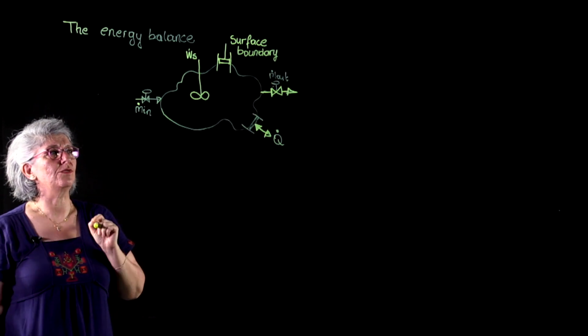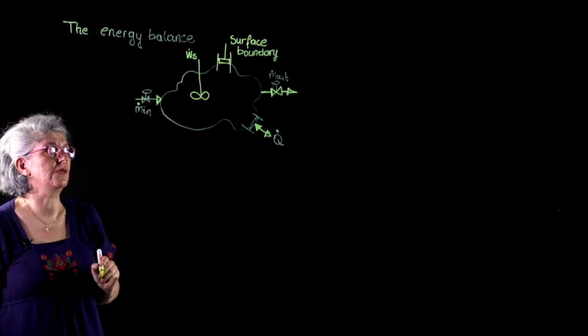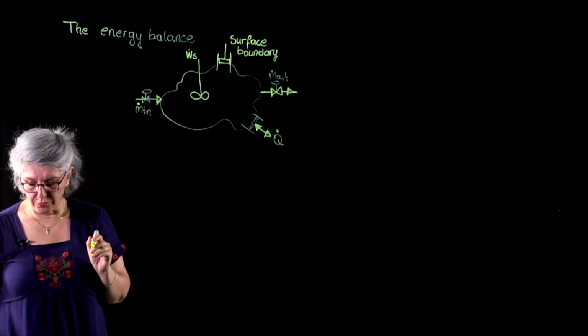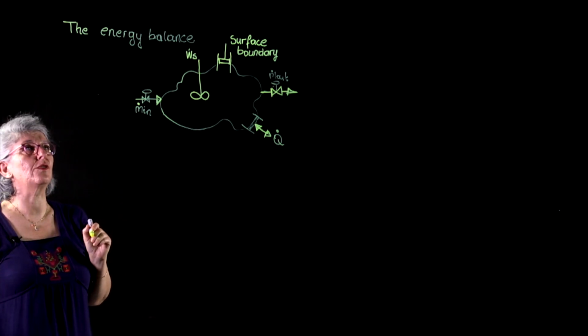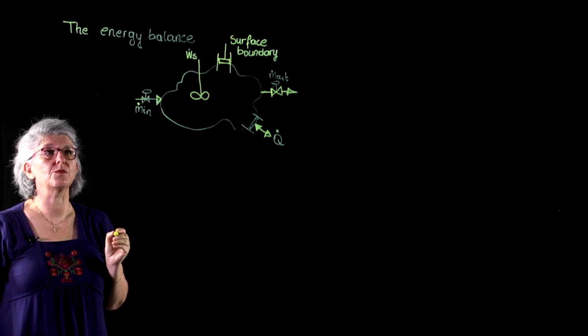And we are going to have another term for the work, which we call the flow work. But let's first derive the overall energy balance and then define the work terms.